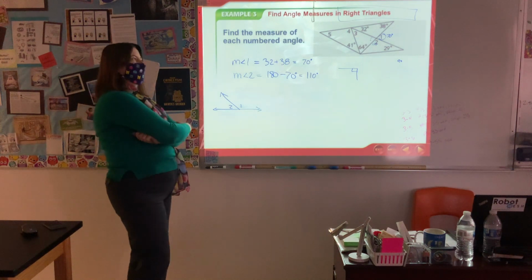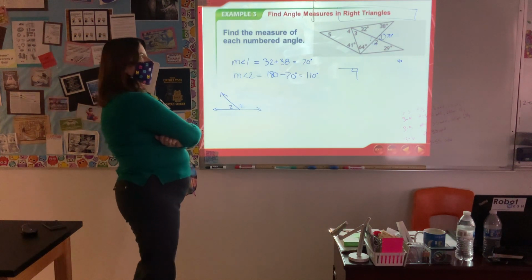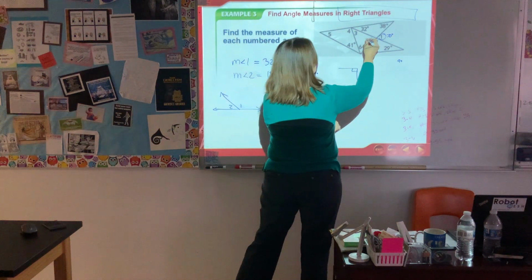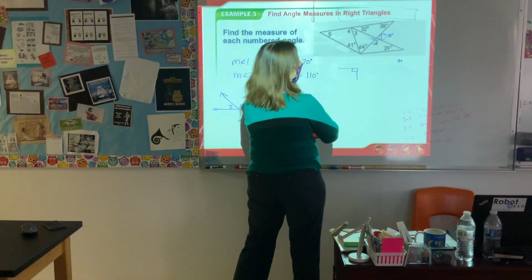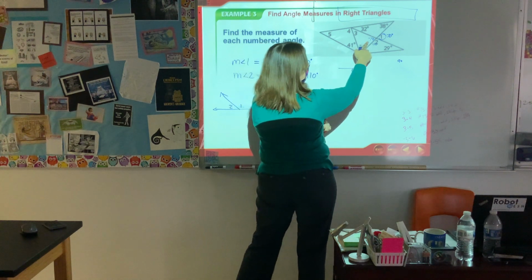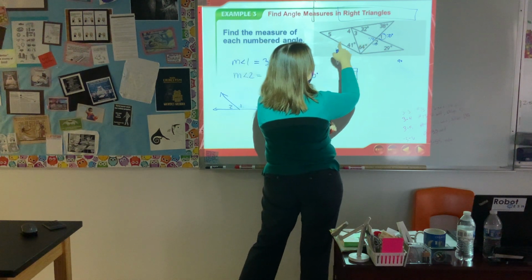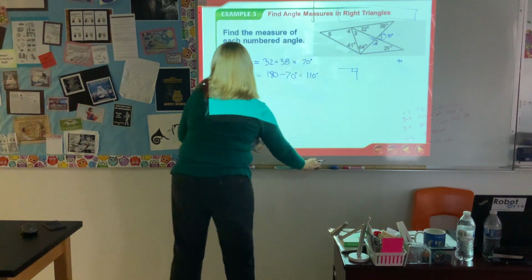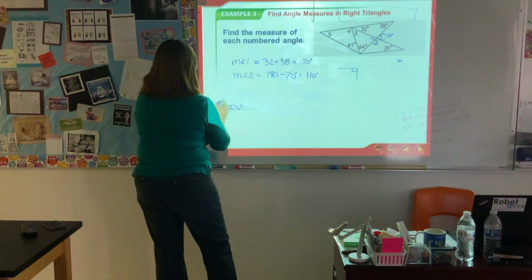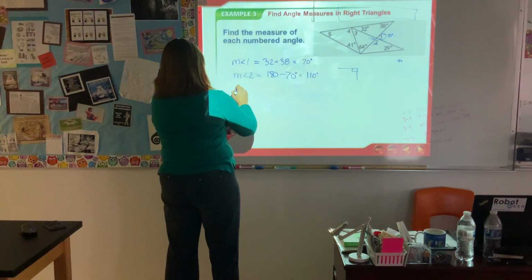Thank you, Nathan. Why is it 70? Oh, yeah, because it's right across. They're vertical angles. So we know that this one is 70. If we know that this one is 70, then we can add them together and subtract from 180. So now we can figure out the measure of angle 3.